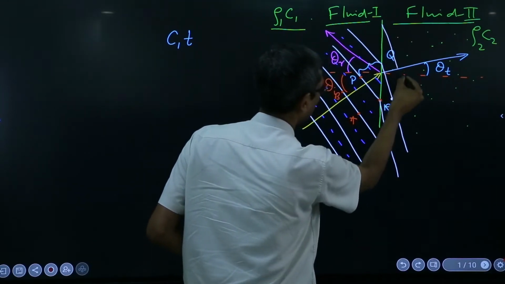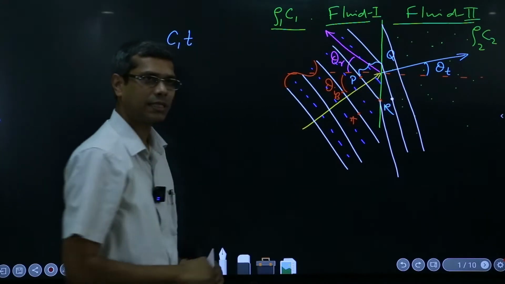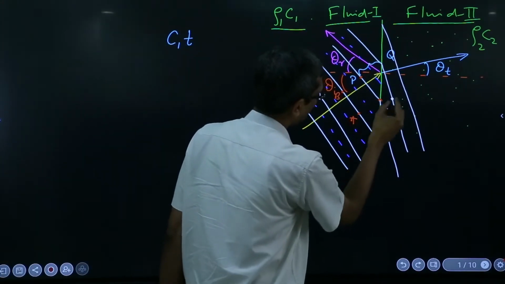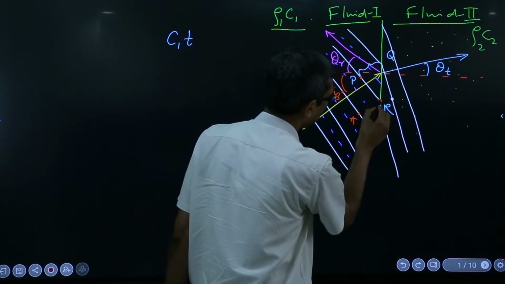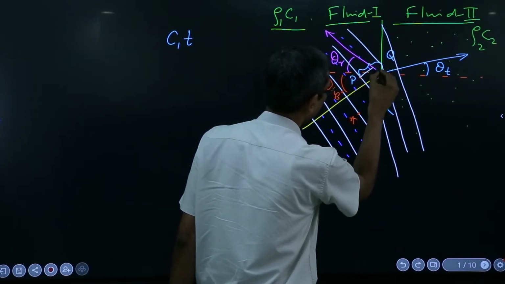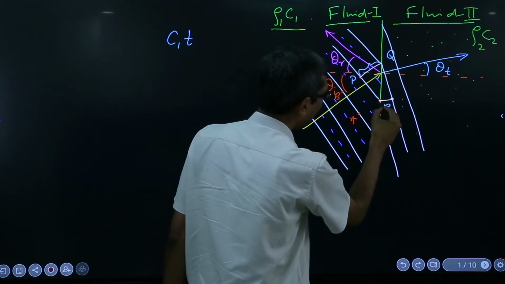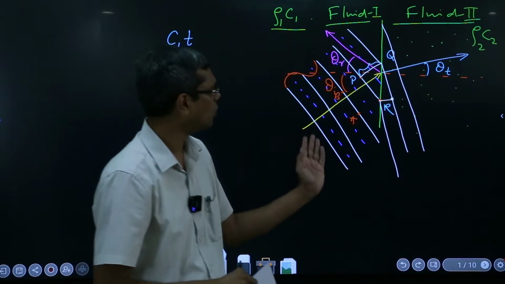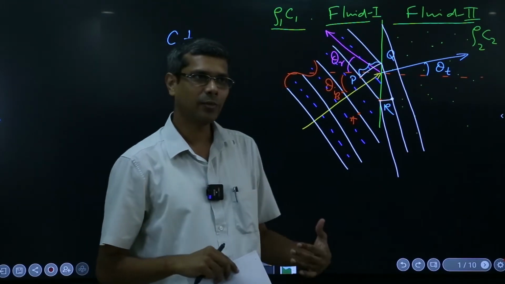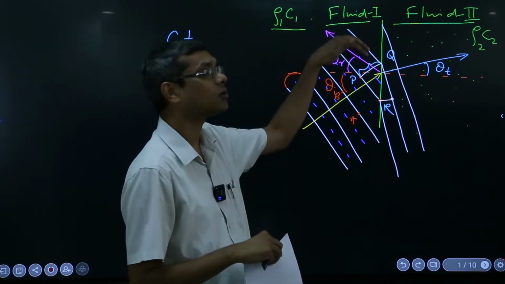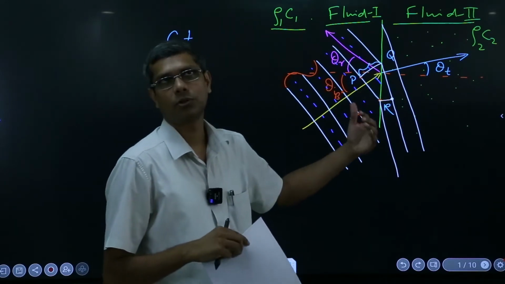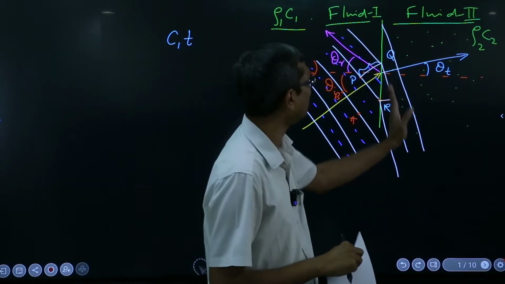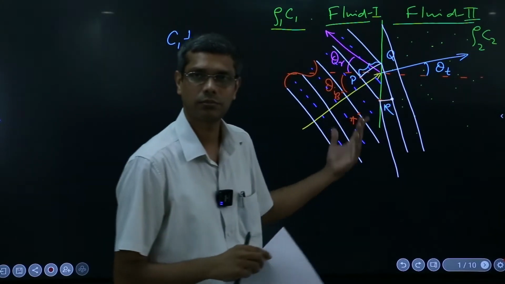Maybe here, like that. You are seeing that? Because this distance, you know, this one is C1t and this is C2t, and once they go on to the other side, again they will have to be of the same type, so they will try to maintain their plane.